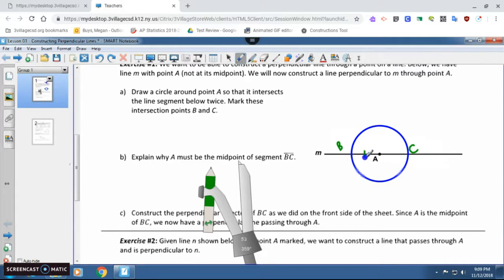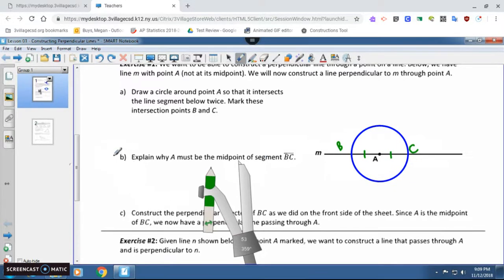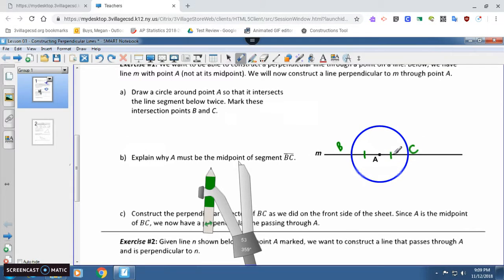So for part B, when we talk about why they're equal distances here, think about what we've just done. AC and AB are the same distance because A is the center of a circle. These two line segments are the radii. So for part B, I want you to fill in that AB is congruent to AC because all radii of a circle are congruent.